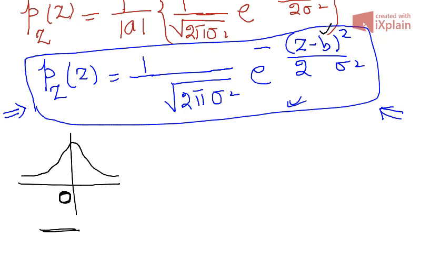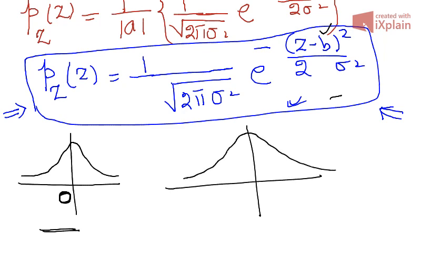But if you have a certain non-zero mean, it appears over here. This non-zero mean appearing as B causes a shift of this Gaussian variable to a point B. So it's still Gaussian, but it is shifted.